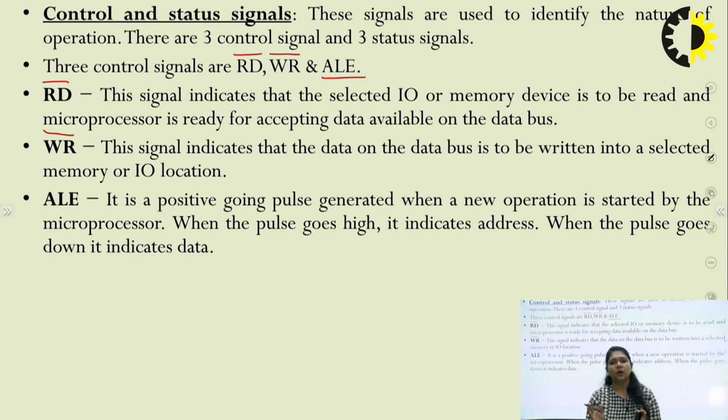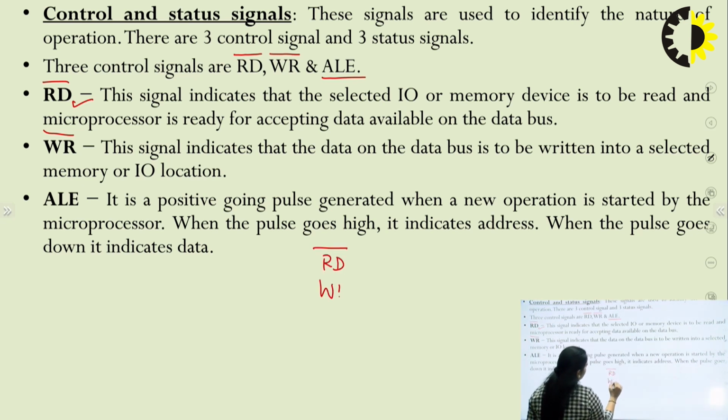Suppose an input device is giving data to the microprocessor and the microprocessor is ready to read that data. How will the microprocessor get to know about the reading? This pin will be active low. Why? Because read bar and write bar are active low pins.